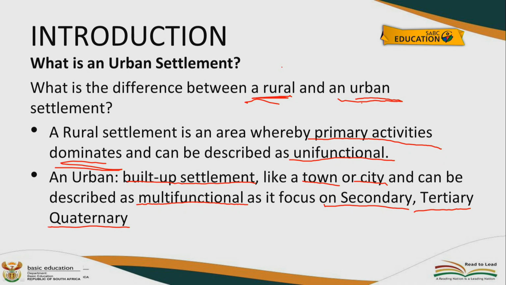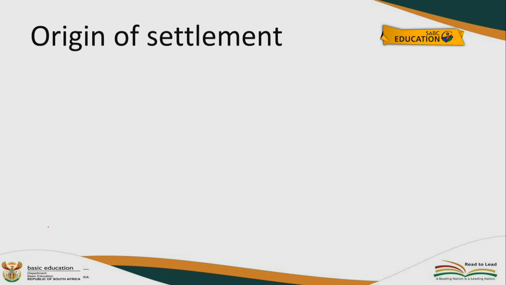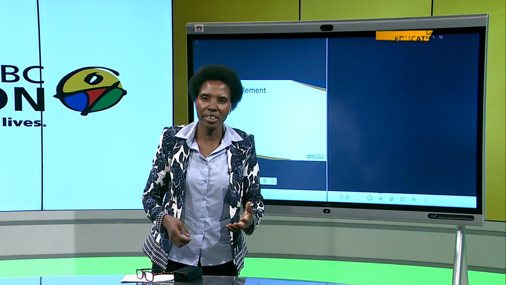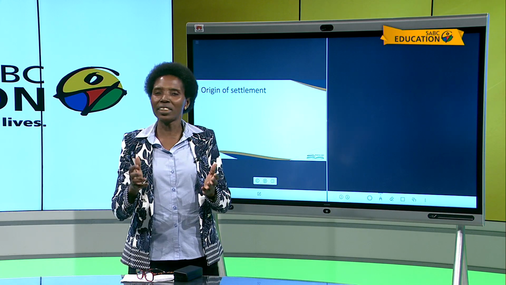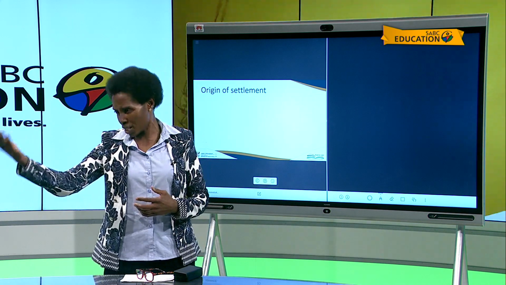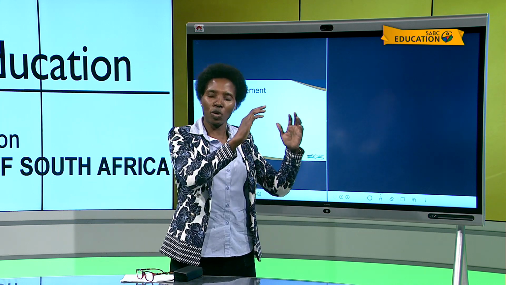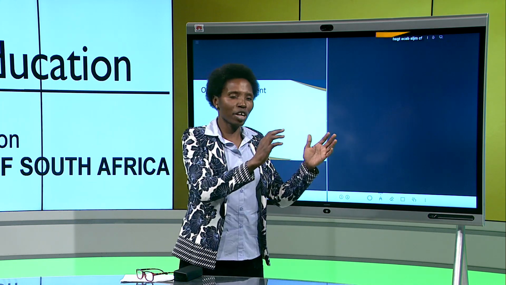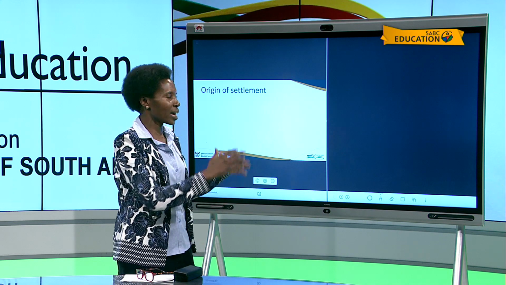Okay, let us look at how urban settlement originates. It did not originate in such a way that we wake up today and find a settlement. No, it was originally a rural settlement. In a rural settlement, we practice agriculture, we do farming.